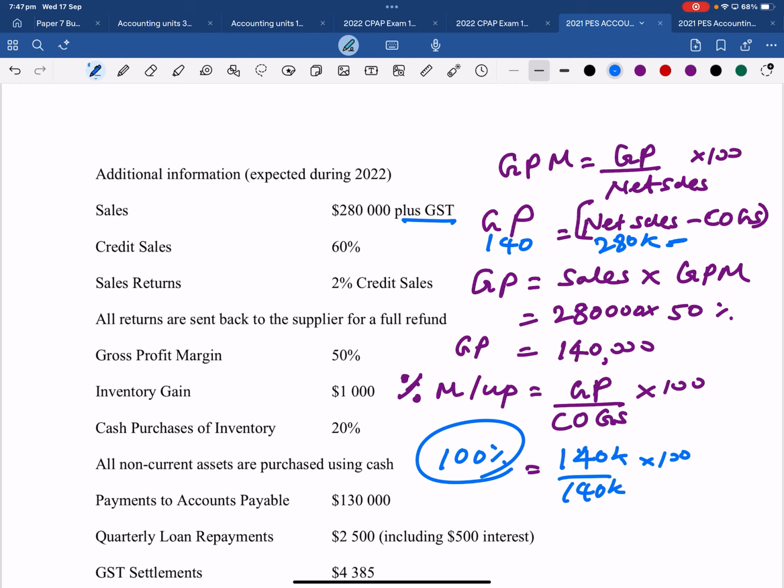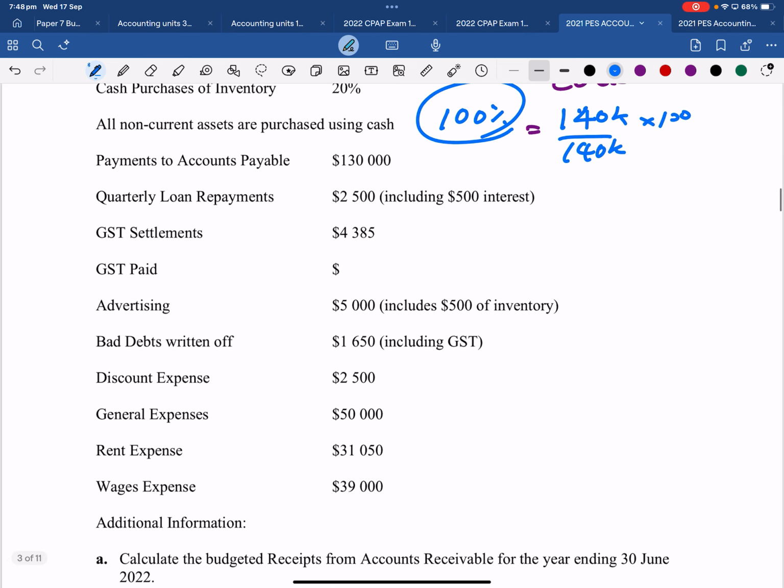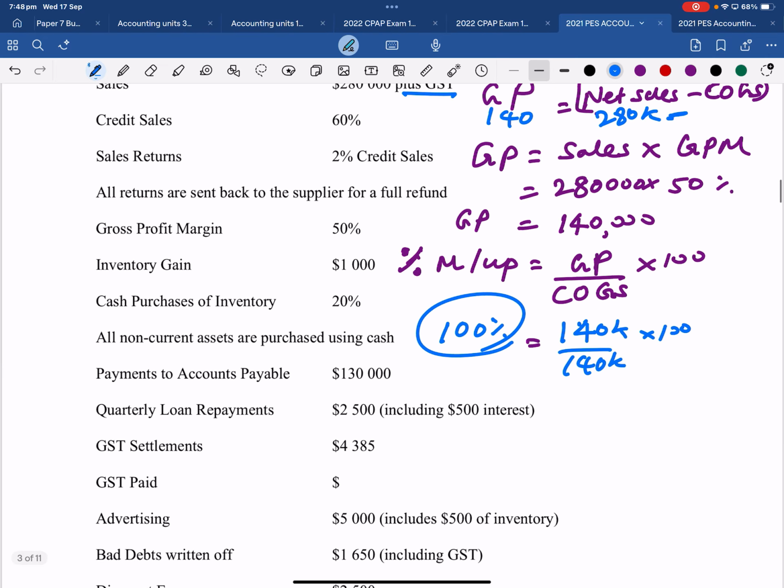Tell me. $140,000. Yes. You divide by 2. Yes. Okay.